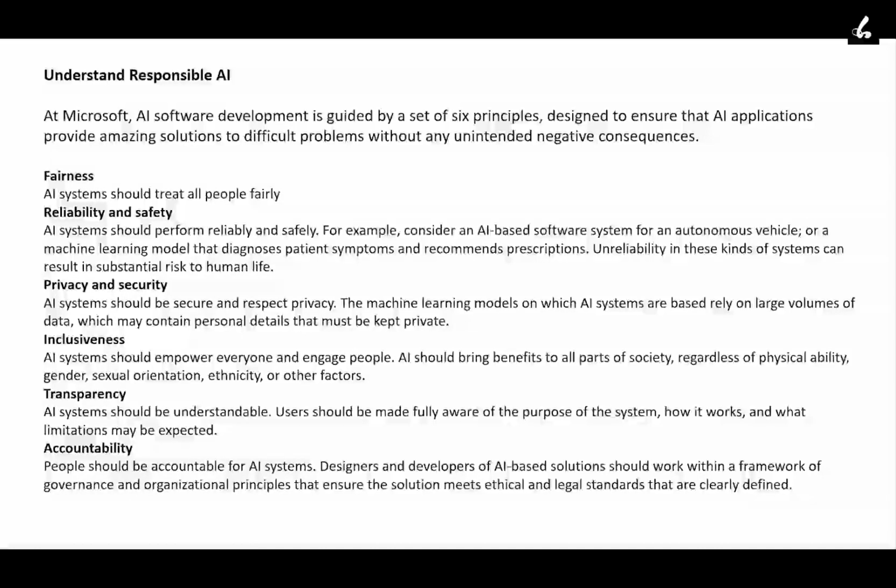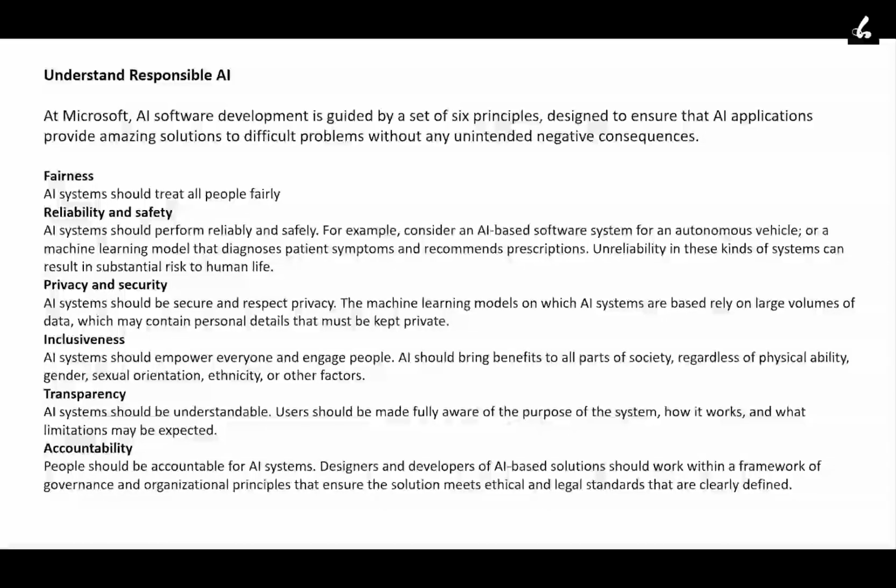Like the upcoming AI programs or applications should be worked under the framework of a particular organization's governance principles. It should not go beyond that, it should be under that framework. And that accountability should be taken by the particular developer.